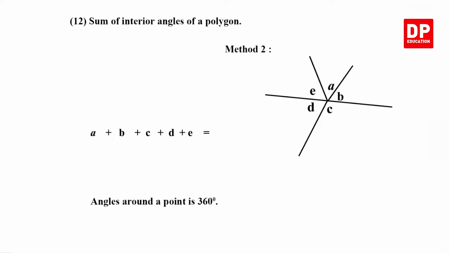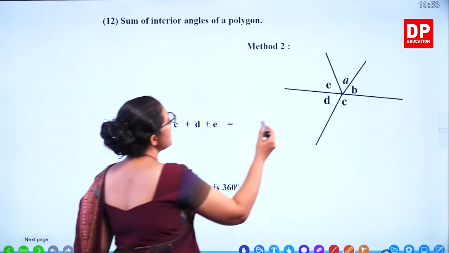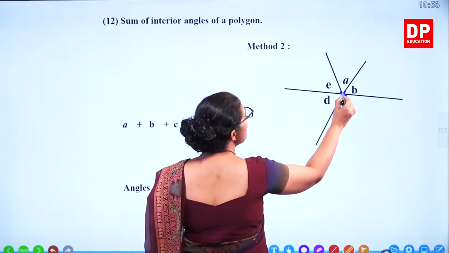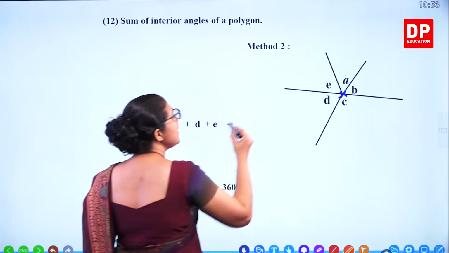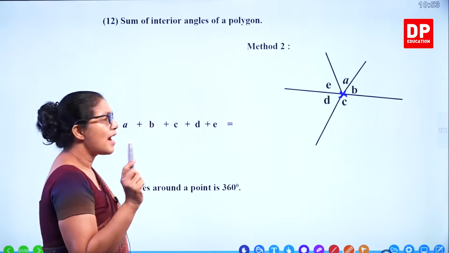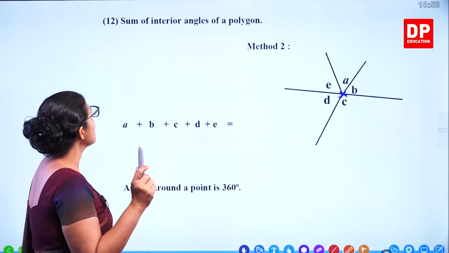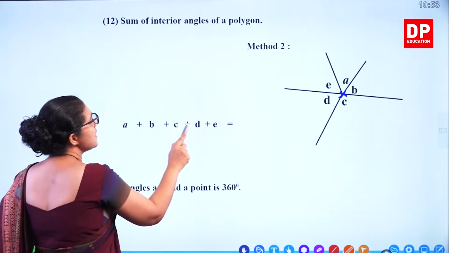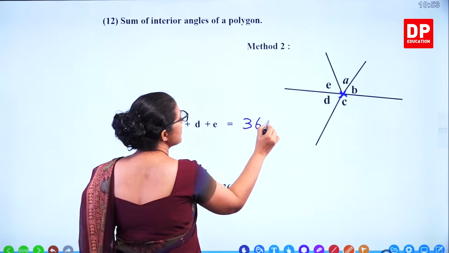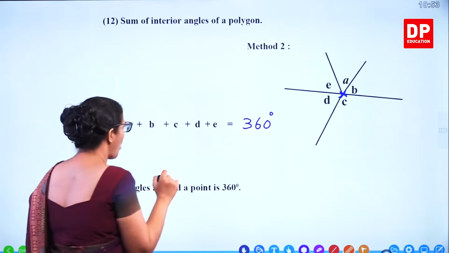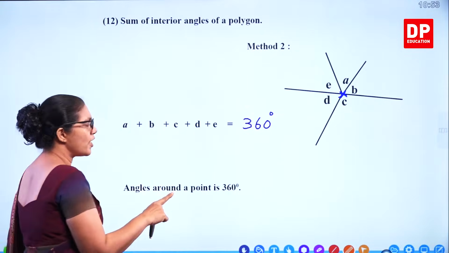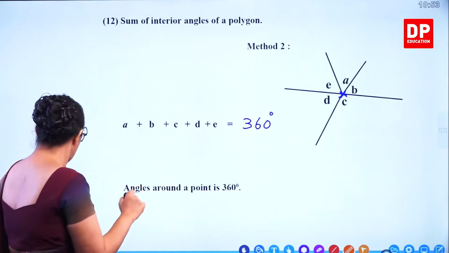So we'll prove that using another method. We'll take this point. Around the point, the angle sum is 360. So what's A, B, C, D, E? 360, because this is around a point. Angles around a point is 360.